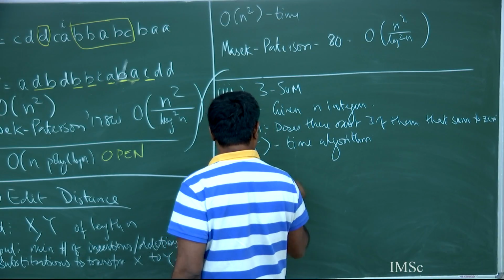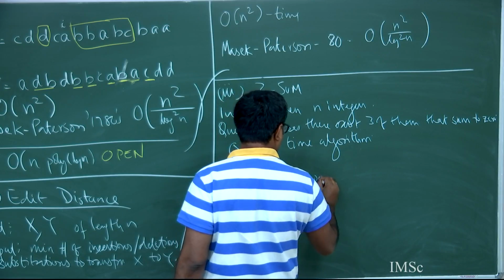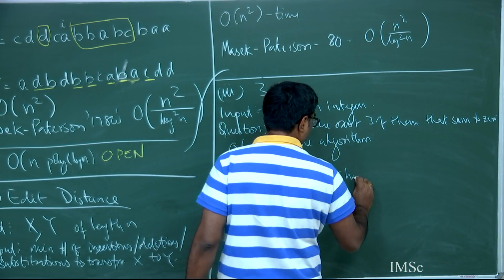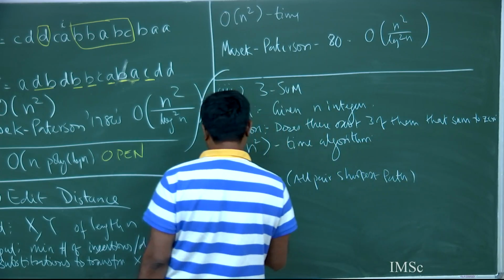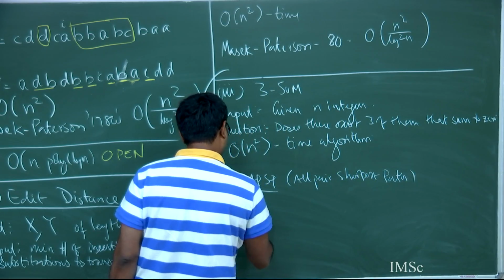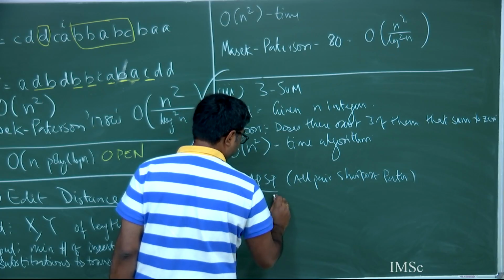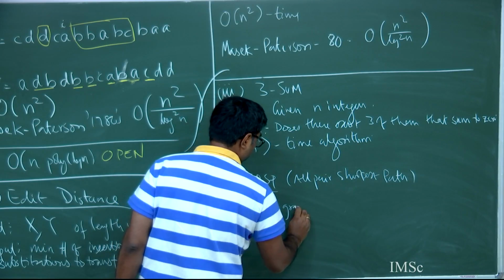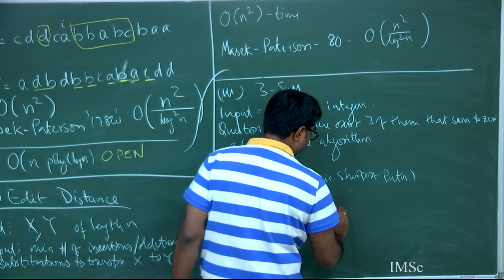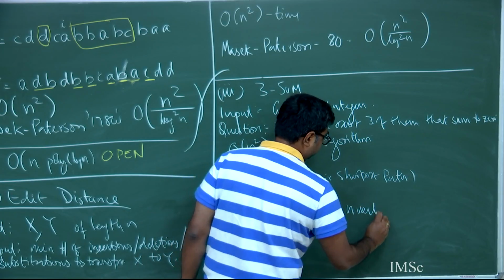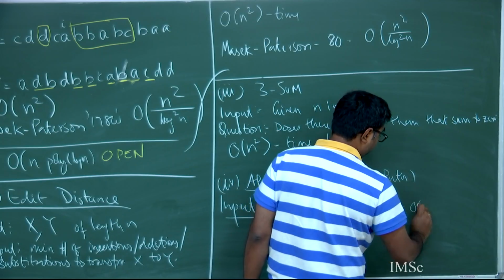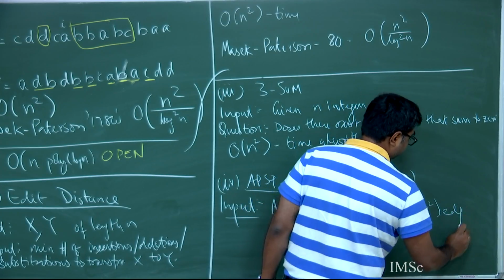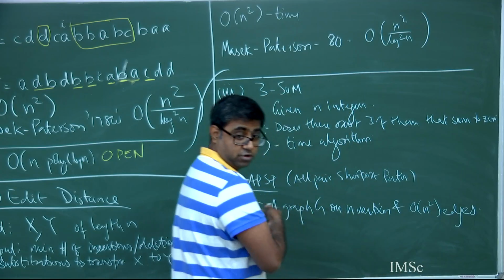Fourth, APSP, all pair shortest path. So what is the input? Suppose you are given a graph G on n vertices and say roughly some big O of n square edges. This is what is given to you.